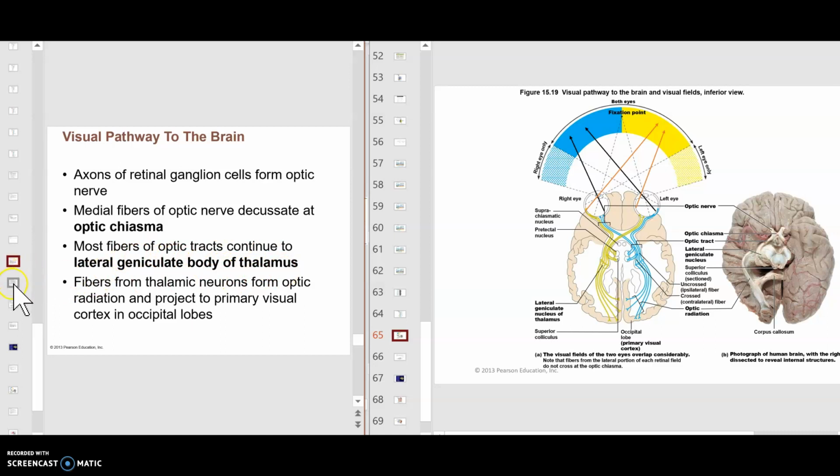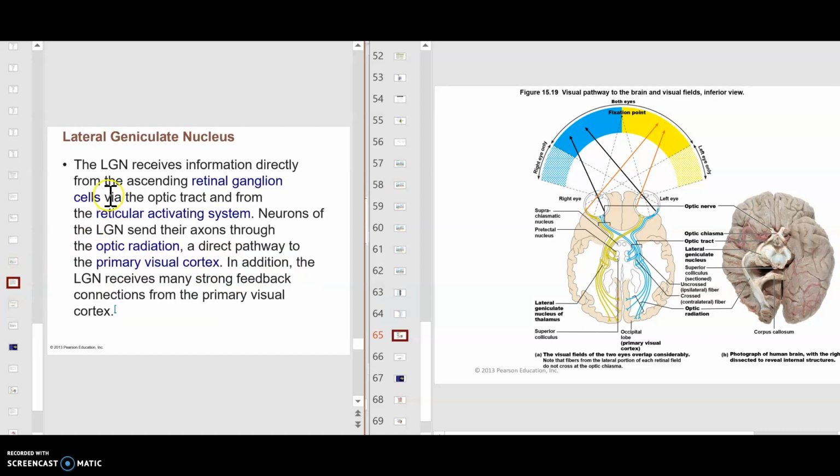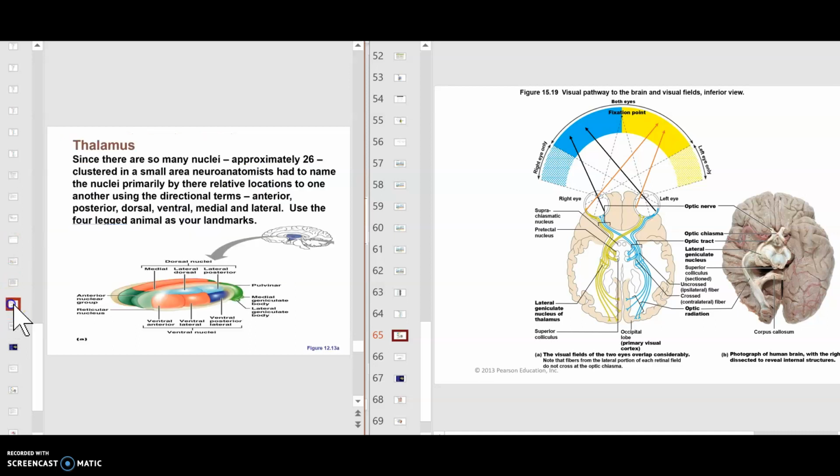Okay, so we just talked about that. The lateral geniculate nucleus receives information. Now this is part of the thalamus. Here's your thalamus here. The thalamus has several nuclei. Remember what a nucleus is, a cluster of neuron cell bodies in the central nervous system. So it has several nuclei. Right here is the lateral geniculate nucleus, right there. So that's what we're talking about. So I go back.